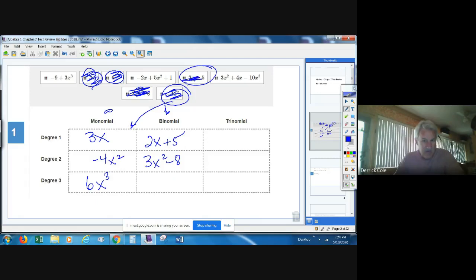It's a linear, quadratic, cubic. All right, here's two terms, but it's degree 3. So that's where that one goes. It's done. All right, degree 2 and 3 terms. So it's going to go here.